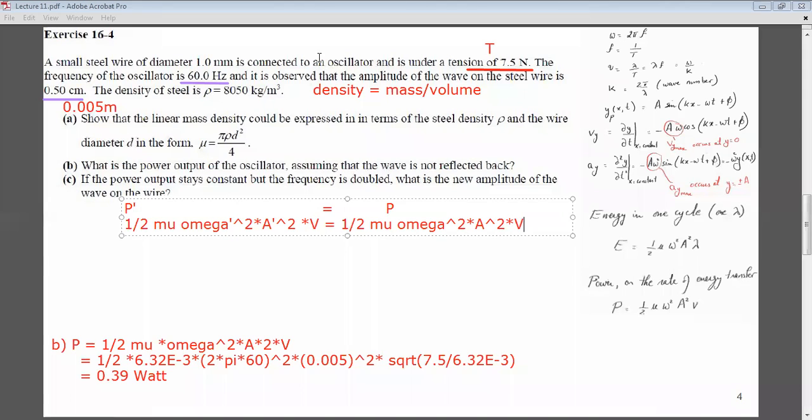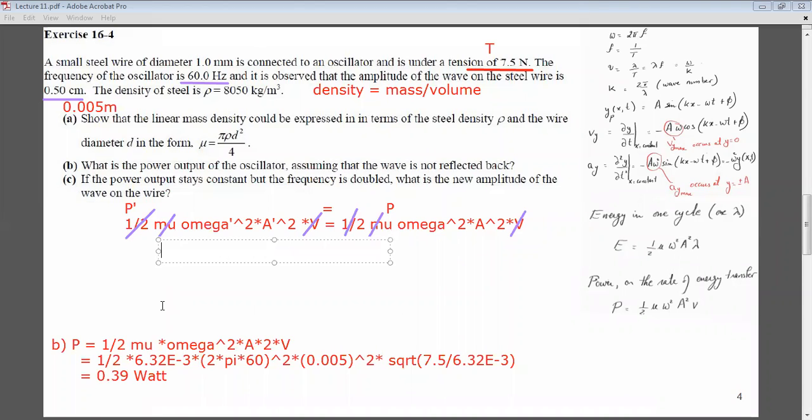Okay, now a few things will disappear here because I have half here and half here. I have a mu here and a mu here. This is the same linear mass per unit length. And then I have V here and V here. All these will disappear. What I am left with is omega prime squared times A prime squared.